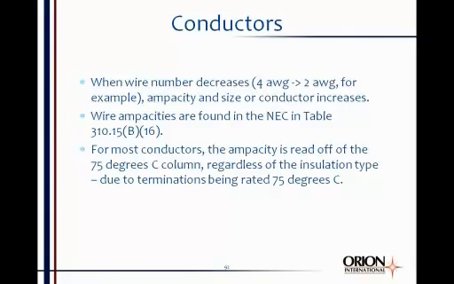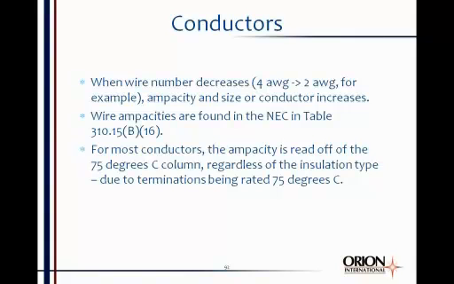Now, if you use that table, it's important. The table is made up of many different types of conductors, aluminum and copper, but the main column headings are temperature. There's a 60 C column, a 75 C column, and a 90 C column. To determine the ampacity of a conductor, you'll generally read the ampacity off the 75 C column, regardless of the type of insulation.